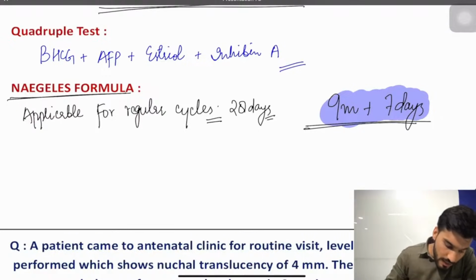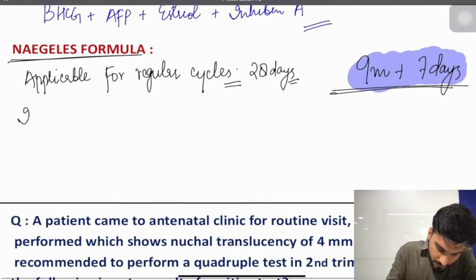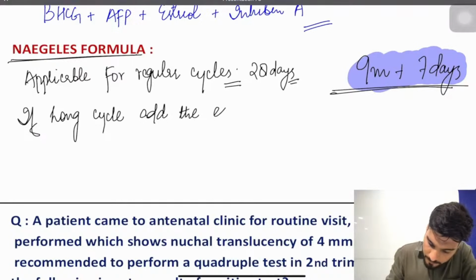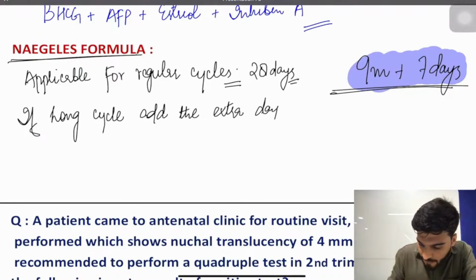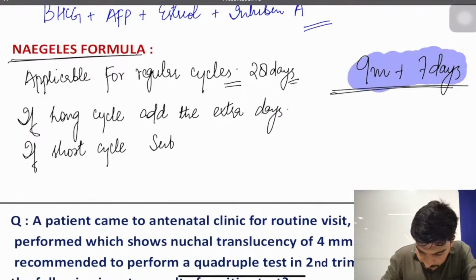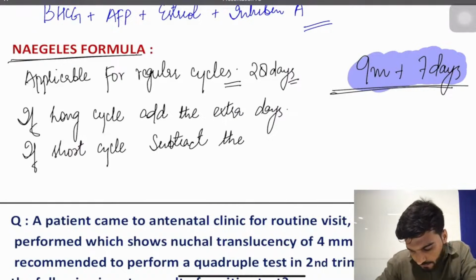What are the changes? If it is a prolonged or long cycle, add the extra days. If it is a short cycle, subtract the days accordingly. Is that clear?